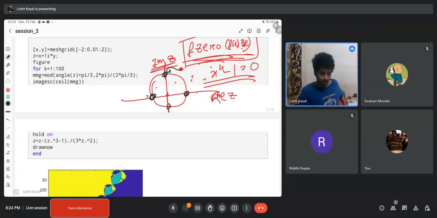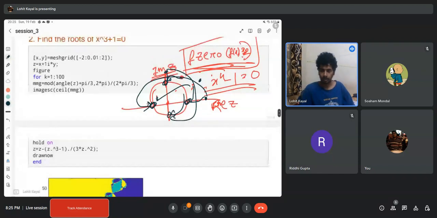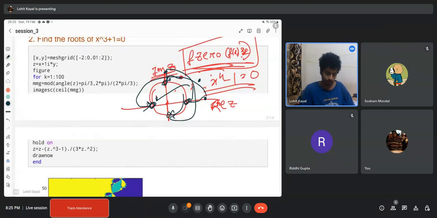Your solution is not trivial. If you start from one point, it will always go to this point. It can also go to that point. Or if you start from here, it can come to this point or go to this point. Someone probably asked a question. I told them that it is not guaranteed that if I take some initial guess here, it will always go to this point and not that point. It is not guaranteed.